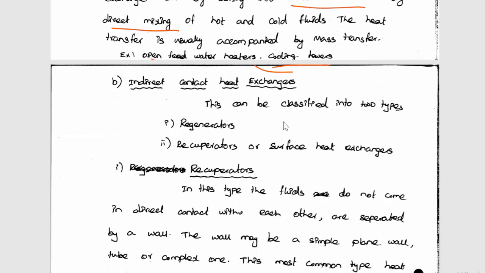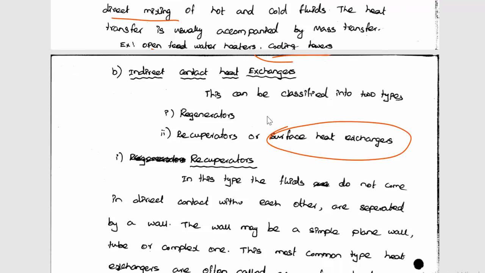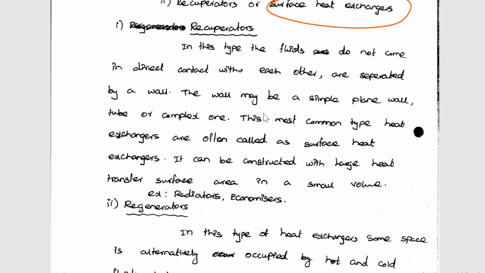The second one is indirect contact heat exchangers. This type is classified into regenerators and recuperators. The recuperator can be called a surface heat exchanger. First, recuperators: in this type, the fluids do not come in direct contact with each other, and the two fluids are separated by a wall. The wall may be a simple plain wall or a complex composite wall.